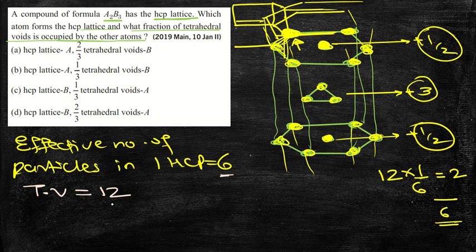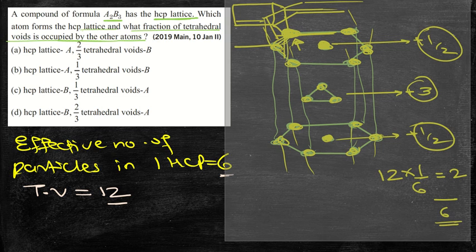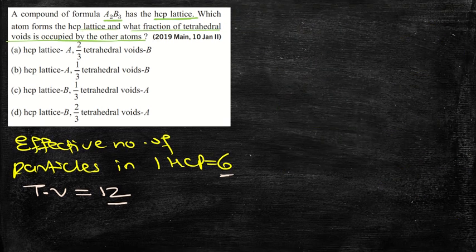Having known this and this, now we are in a position to solve this question by the trial and error method. The reason why we have to do trial and error over here is because the options have different conditions. So let's look at the first condition. In the first condition, they are saying the HCP lattice is made up of A. So the effective number of particles for A in the HCP is 6.